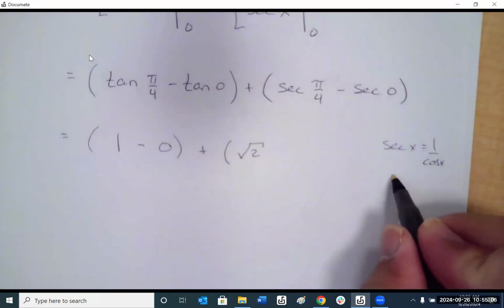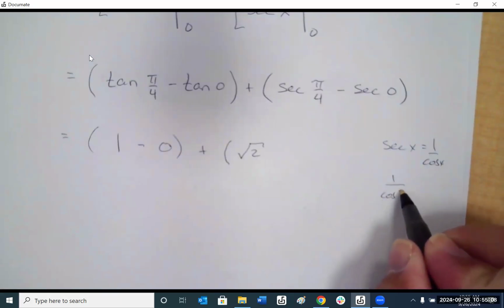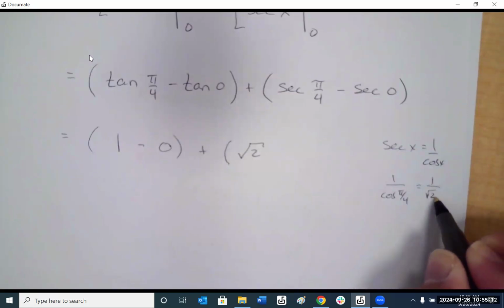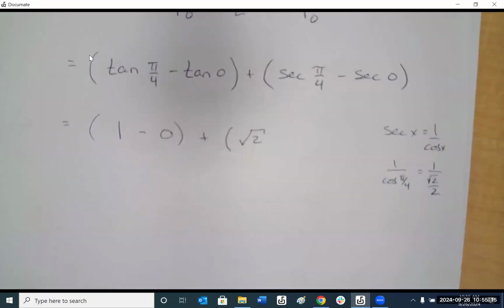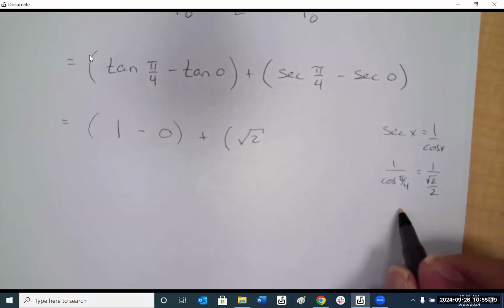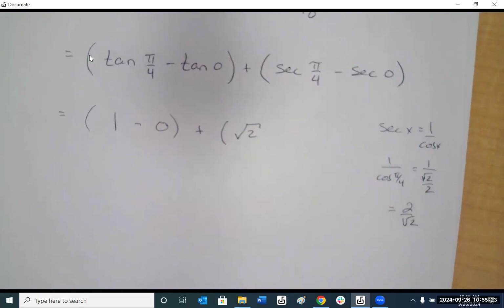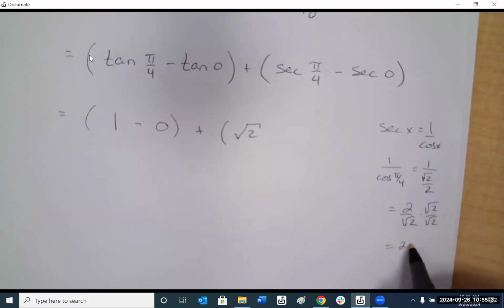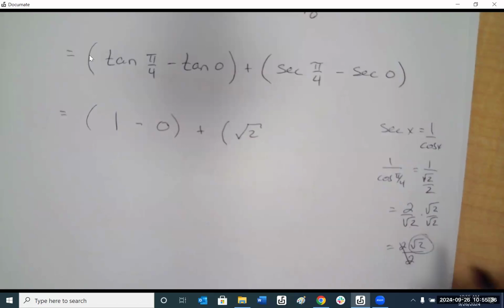At pi over 4, cosine is square root of 2 over 2, which becomes 2 over square root of 2. You can't have a radical on the bottom, so you multiply top and bottom by square root of 2. So we have 2 radical 2 over 2, square root of 2.